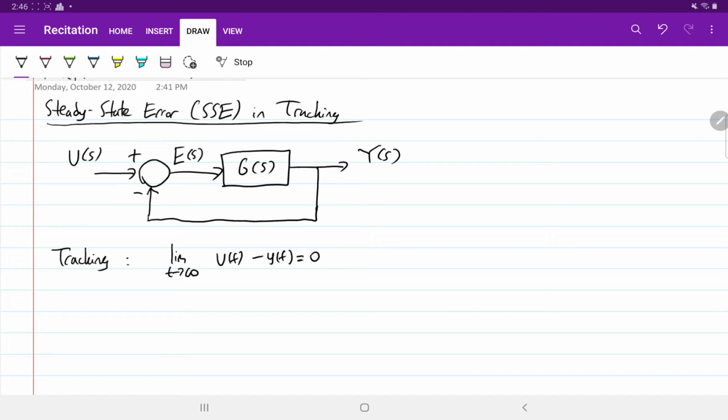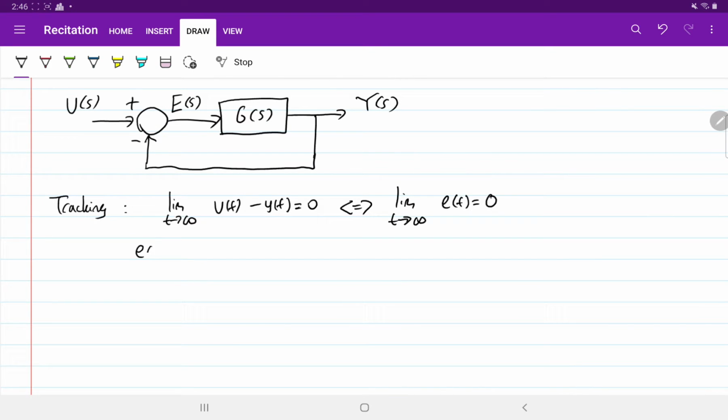Basically we want the output to be equal to the input as time goes to infinity, and this is equivalent to having the limit as t goes to infinity of the error approaching 0. Here error is defined as the difference between the input and the output.